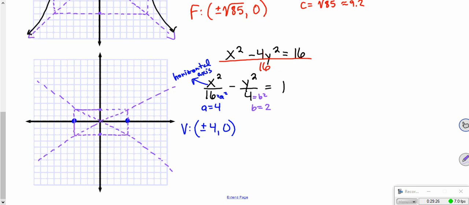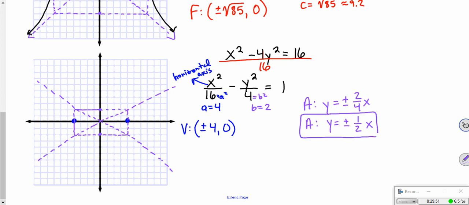So let's go ahead and do the asymptote then. My asymptote is going to be y equals plus or minus, again, rise over run. So that's 2 over 4, right? Which, of course, gives me 1/2 x.